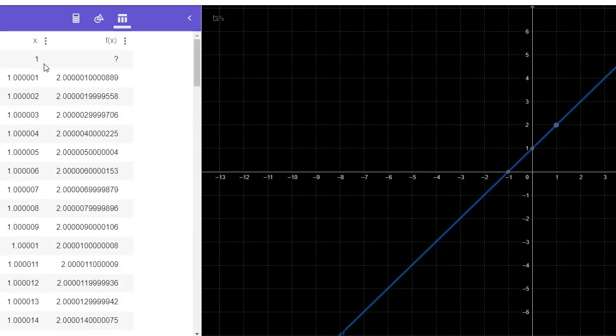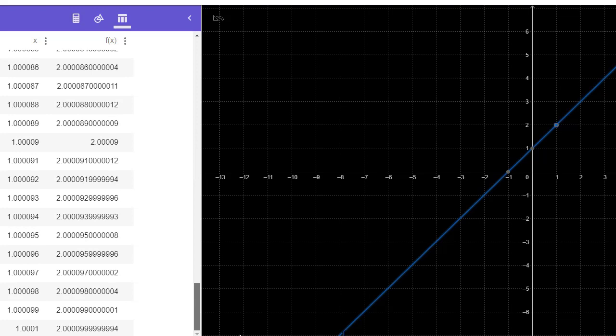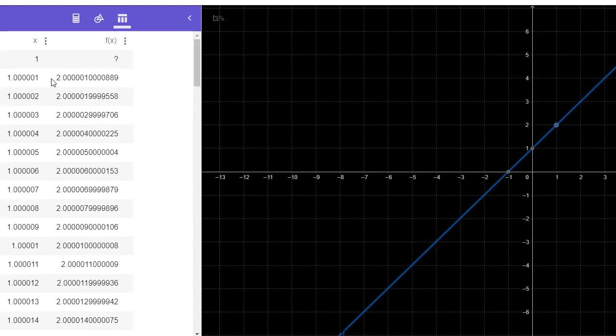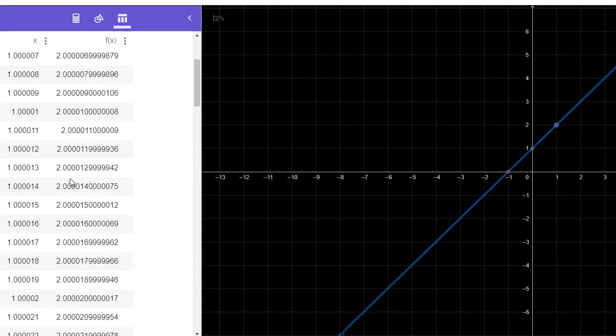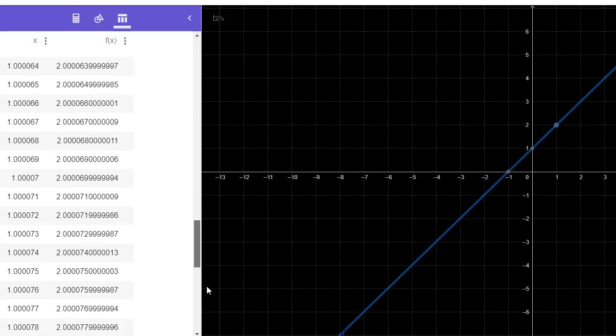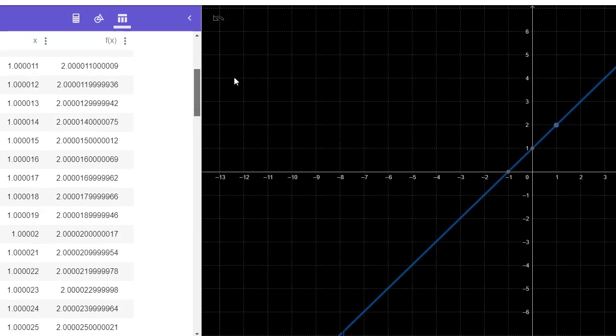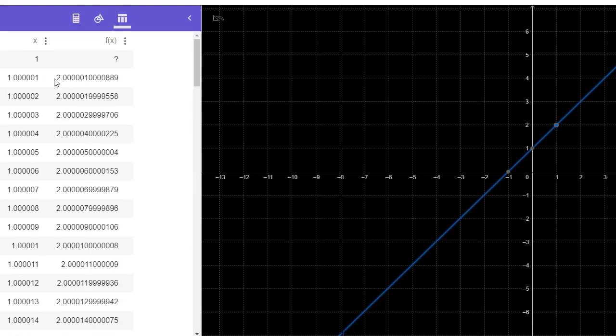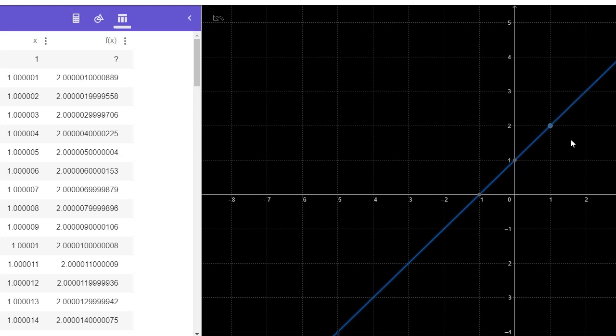Again, when we plug in 1, we don't get anything. However, as we put more zeros in, we are putting more zeros behind the 2.